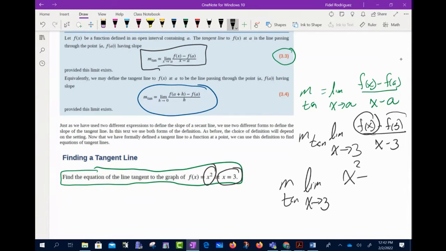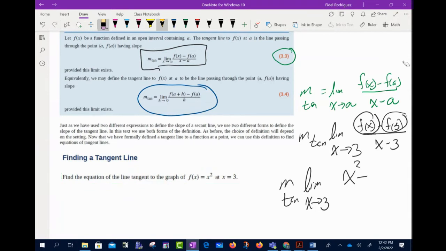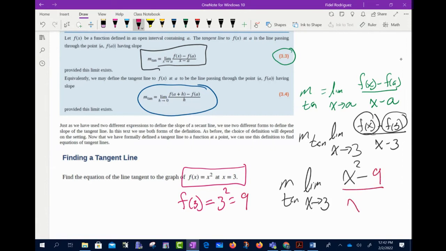Minus, now we need to find f of 3. If we know that f of x is equal to x squared, anybody know what f of 3 is? 3 squared, which is how much? 9, very good. So that's my 9 right there, all over x minus 3.